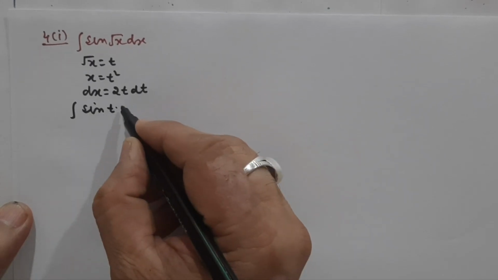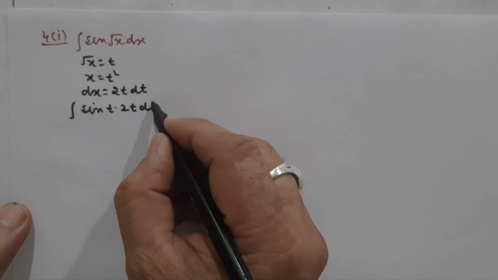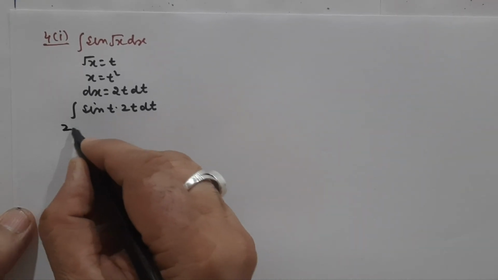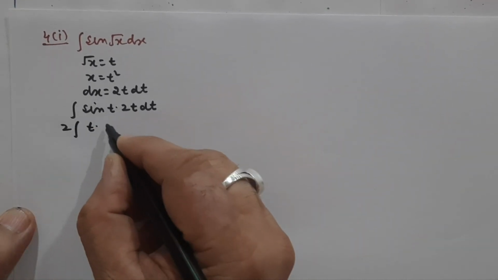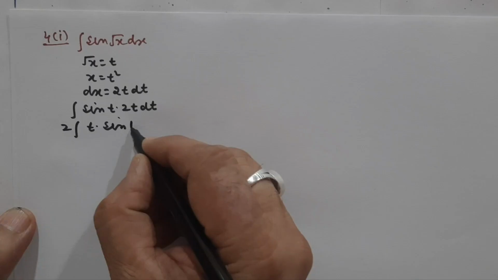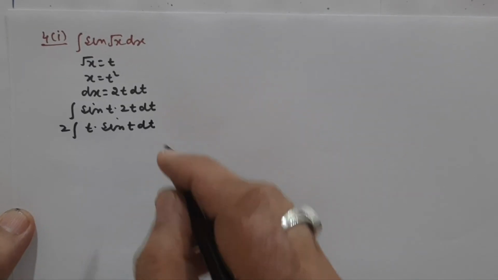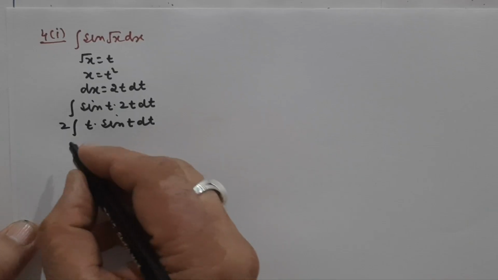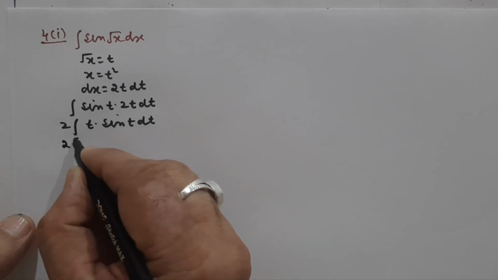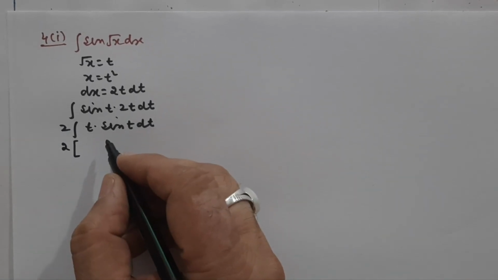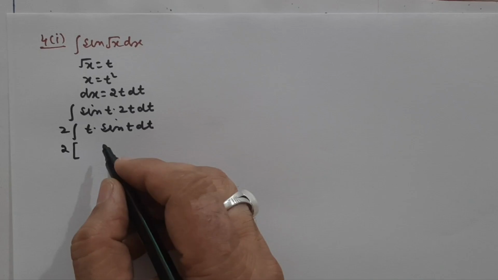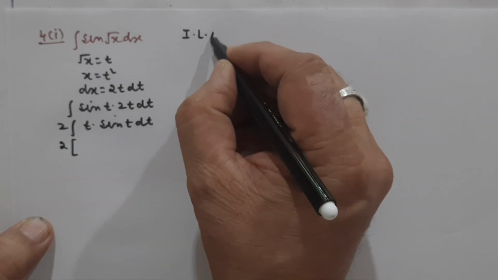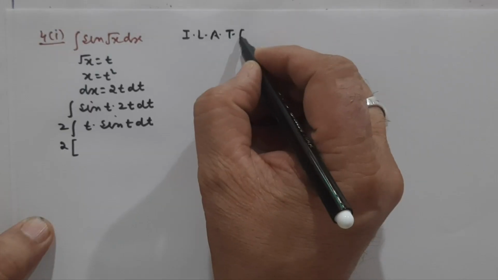So our question becomes sin t, and what is dx? 2t dt. Now taking 2 outside, we get t into sin t. So we are getting the same formula, t sin t, means we have to apply by parts. So keeping 2 outside, now t is algebraic function and sin t is trigonometric function.